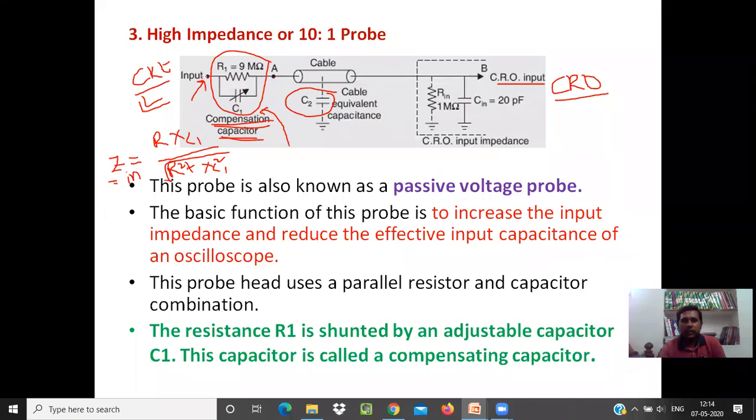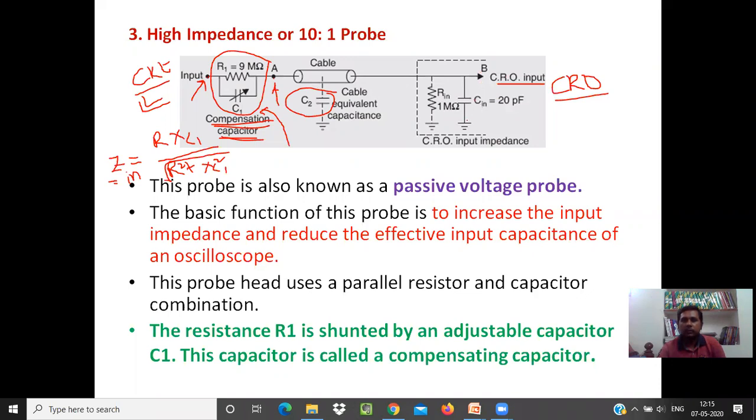So the input is connected here, and that signal is transmitted through the parallel combination of these. The impedance at this point is Zin, and the output of the parallel combination we will see at point A. The signal at point A is connected through a conductor to the CRO side.